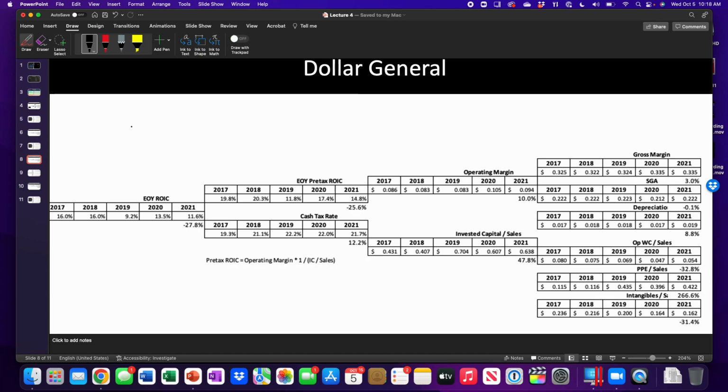So that's going to hurt efficiency or productivity. And then finally, we have intangibles divided by sales, which went from 23.6 cents in 2017 to 16.2 in 2021. So that would also help productivity, but the large increase in PPE divided by sales is going to be responsible for the decrease overall in productivity.